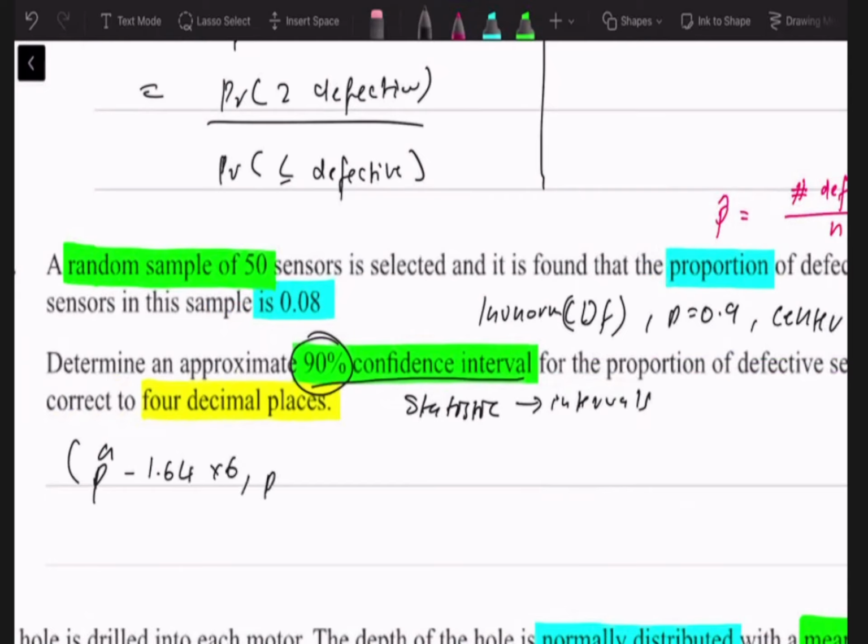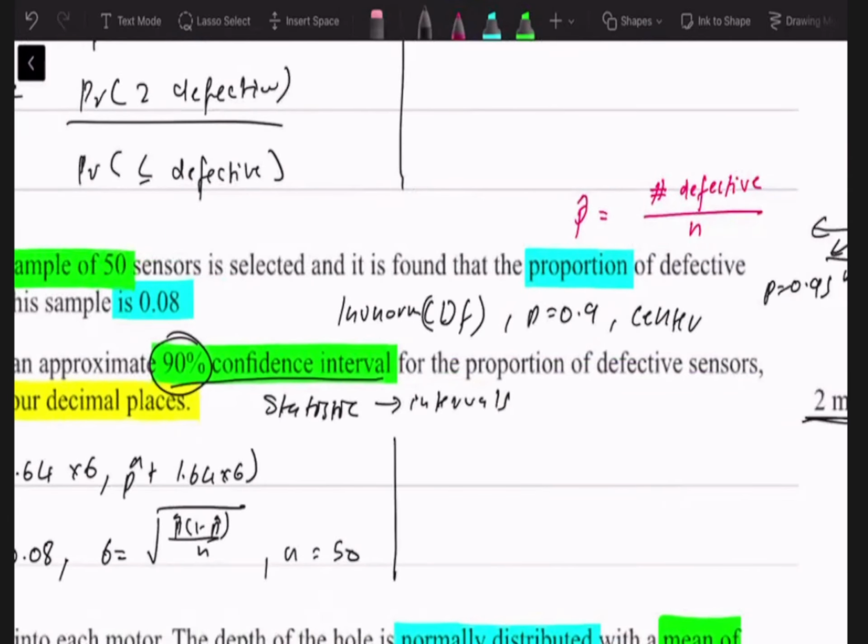That's sigma, so p hat plus or minus 1.64 times sigma. And p hat in this equation is 0.08. And sigma is the square root of p(1 - p) on n, and n is 50. Just chuck that all into your CAS, and you should get 0.0169 to 0.1431.